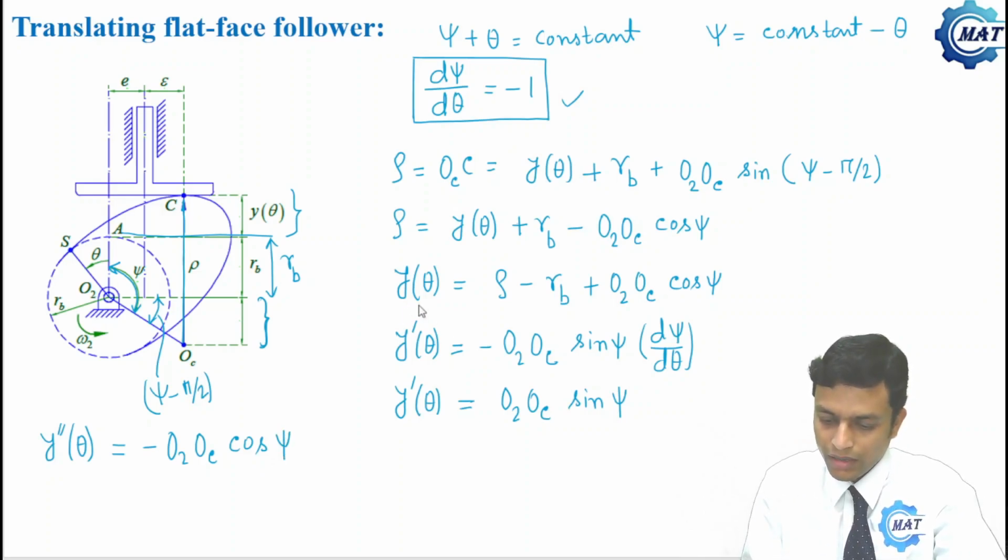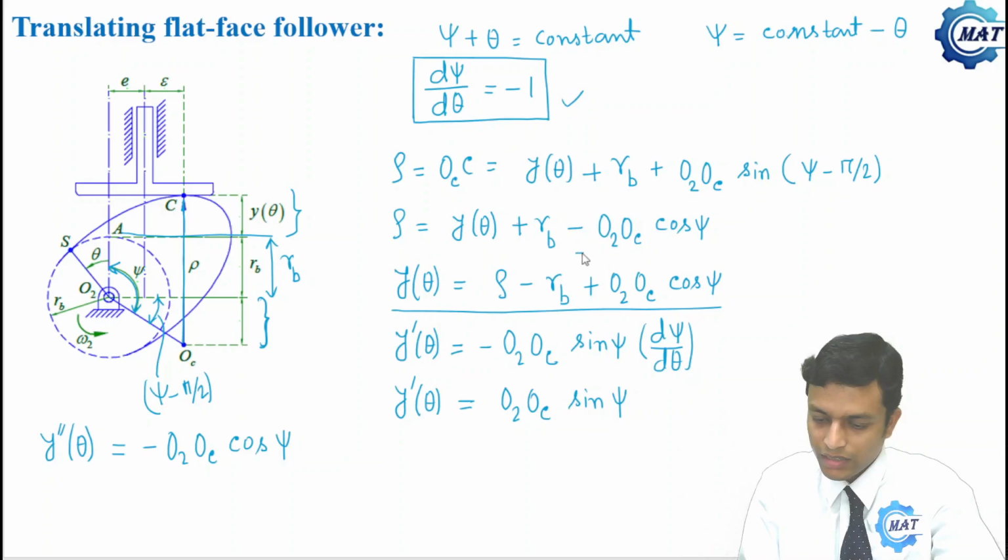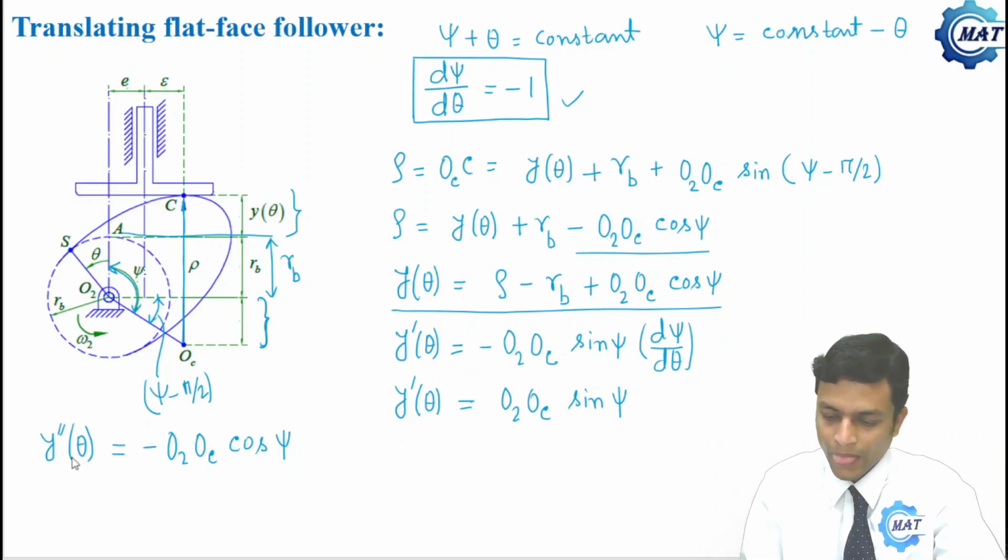So now here, if we come to here, this quantity, that is minus O2 OC cos psi, is y double prime theta. So we can write the expression of rho from this.